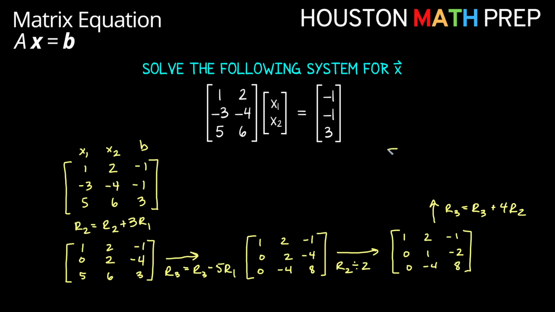And so our final row then would become, we'd have a 0 there. 4 of these 1s would make 4. -4 plus 4 would be 0. And then 4 of these -2s would make -8. So 8 plus -8 would be 0. We get all zeros there. 0, 1, -2, and 1, 2, -1.